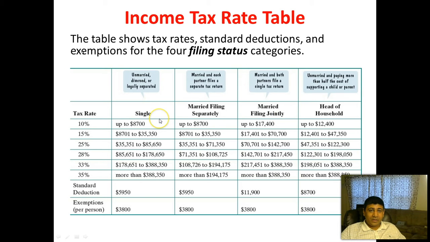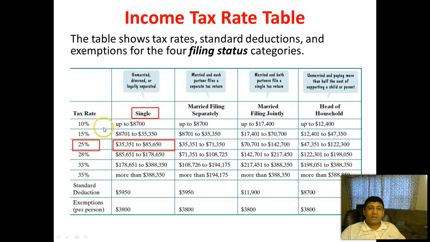So just to give you an idea, for a person in our previous example, if he's single and he's making somewhere around 40 plus, so he's in this bracket here, his tax bracket is 25% here. The way the tax is calculated is his first $8,700 will be 10%.